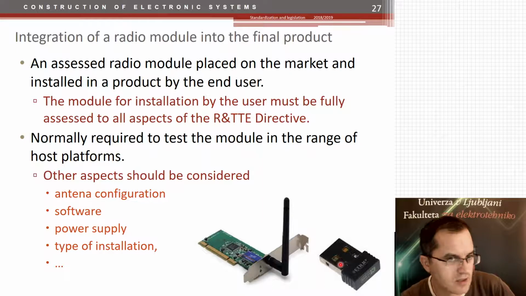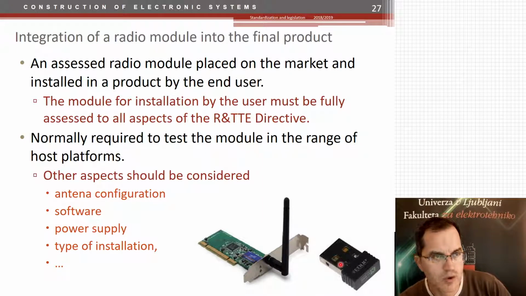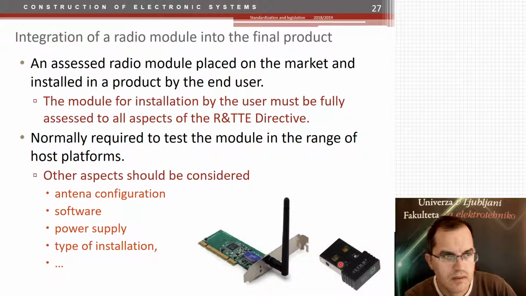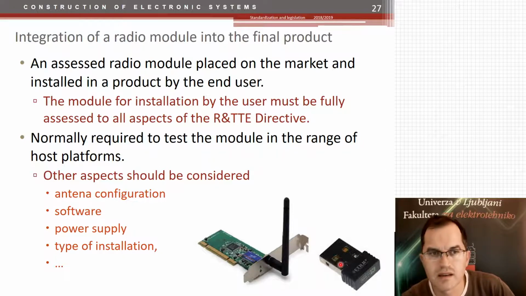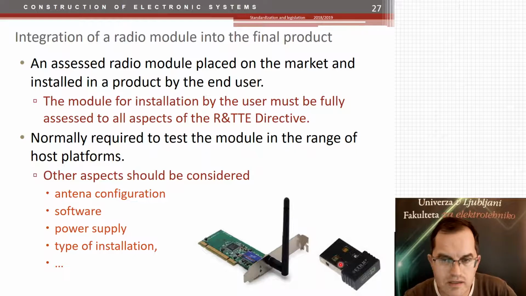So if you buy such a component, you can use it in your final device without any additional testing more than the basics that is needed for the whole device. Because these already have a CE mark and are intended for the end user, so they have to have everything already if they are put on the market.